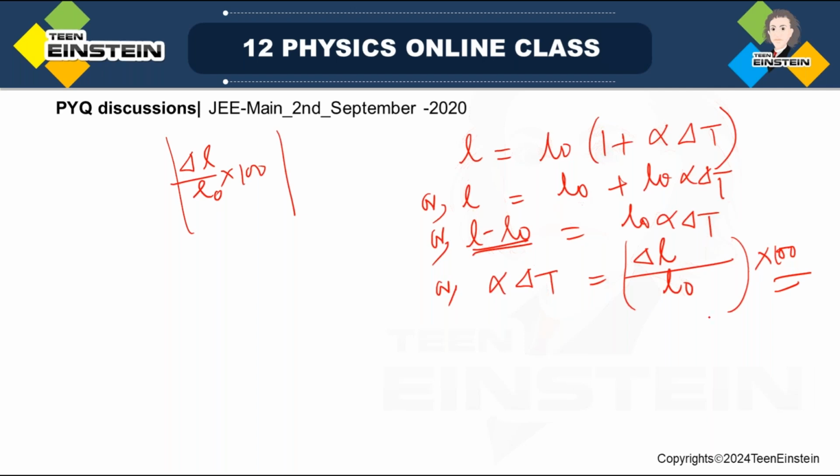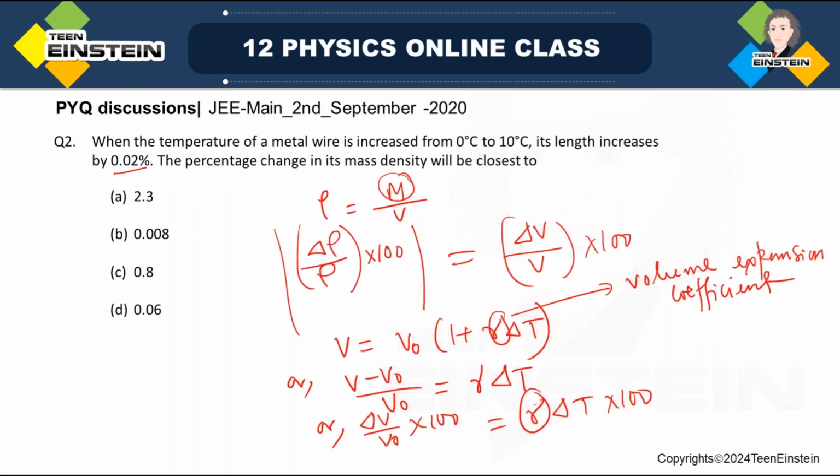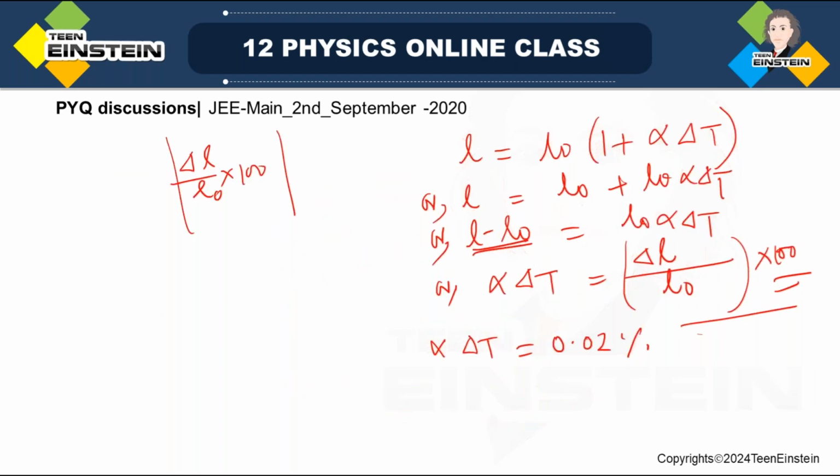Okay. So this thing is given. This particular part is given. So alpha delta T, if you look at the question, this is 0.02% is given. So 0.02% is that much. Okay. So alpha into delta T.